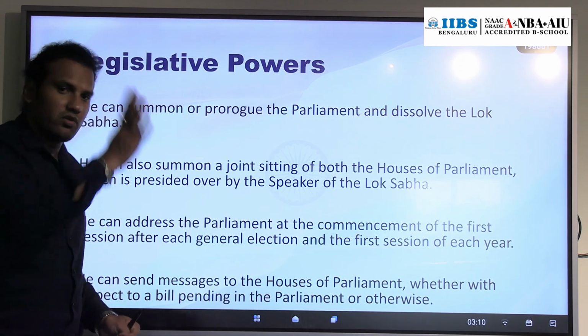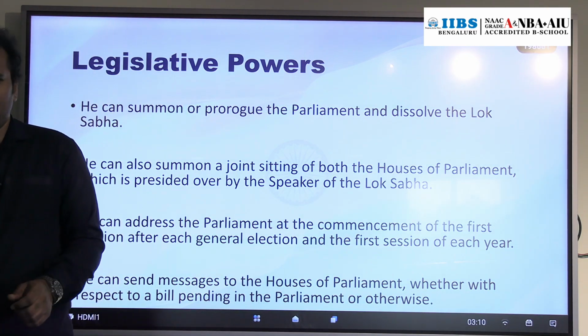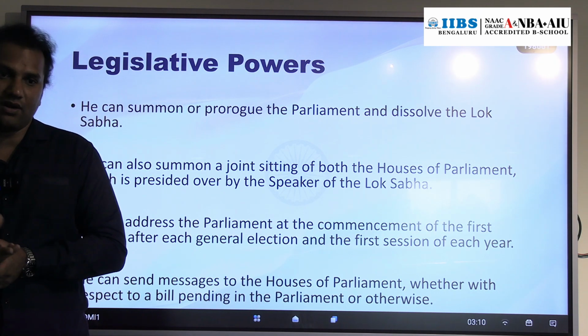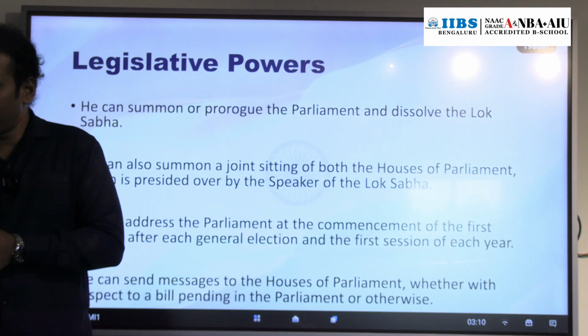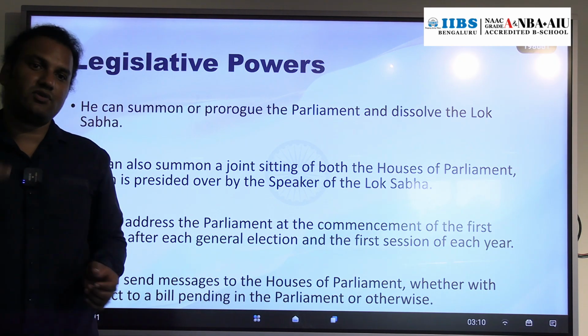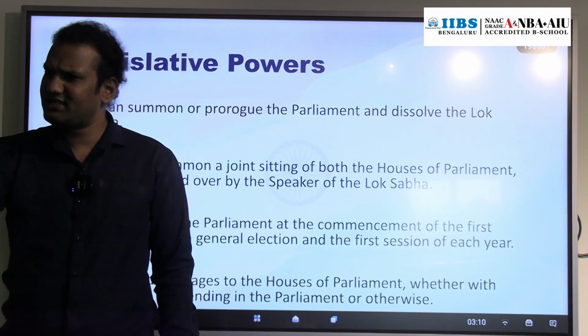Now, dissolving the Lok Sabha. You know Lok Sabha, right? It is called the popular house, the lower house, and it is not a permanent house like the Rajya Sabha. If any political party has to form the government at the central level, they need to secure the majority in Lok Sabha, right? We have seen last year's elections also.